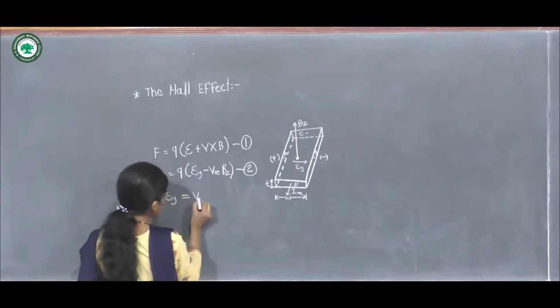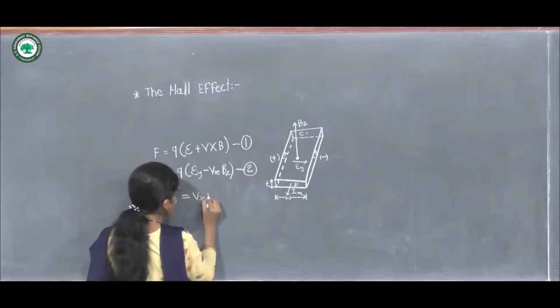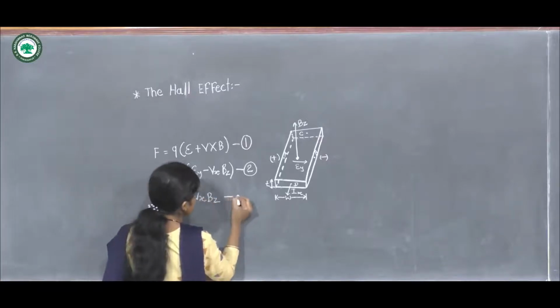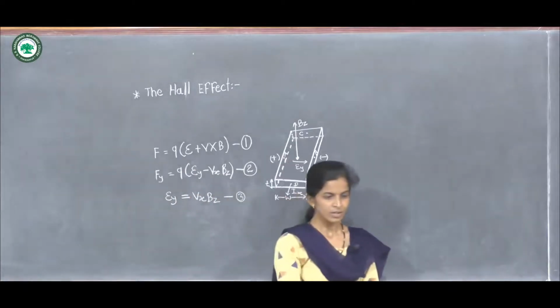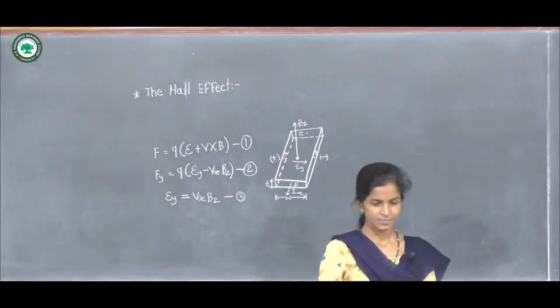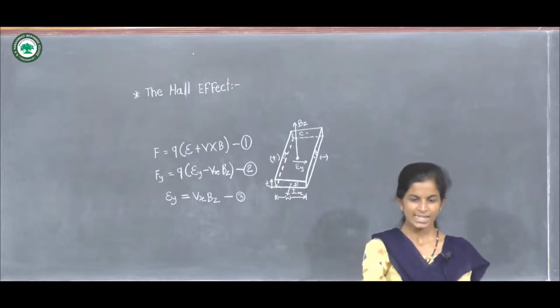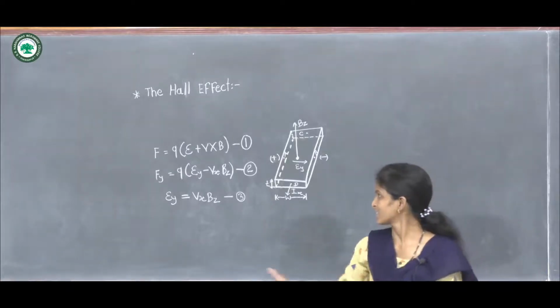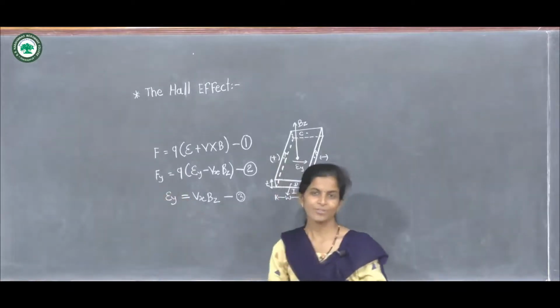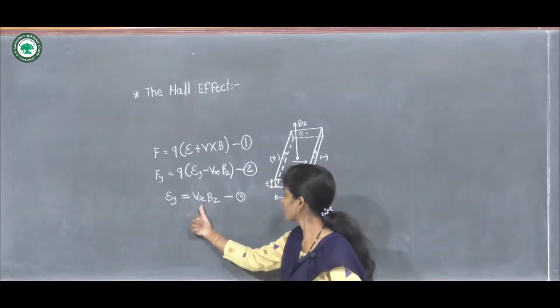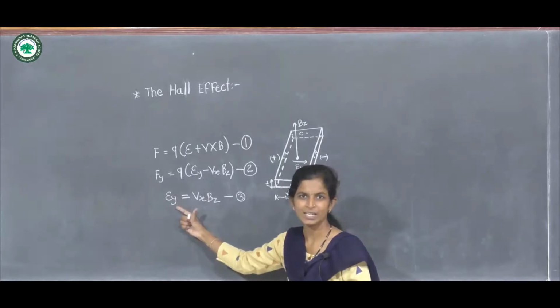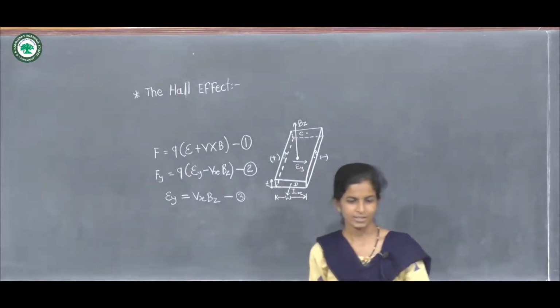So one may write E_y is equal to V_x into B_z. This is equation number 3. And due to this balancing, the net force, that is this force F_y, will be 0.